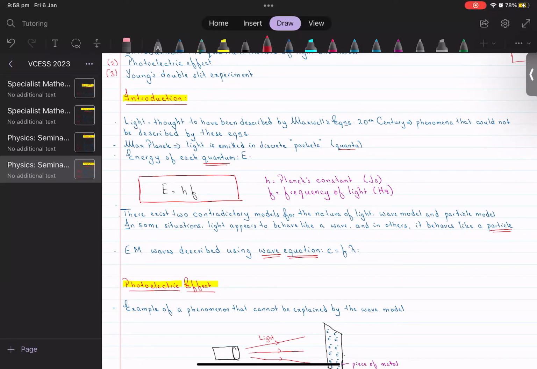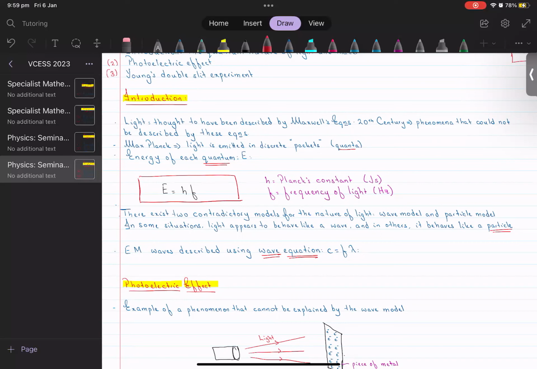They look quite nasty, and we certainly don't cover them in 3-4 physics, but it's important to know of them in a qualitative way. In the 20th century, however, some very clever physicists decided to challenge this model, because they observed phenomena that could not be described by these equations.